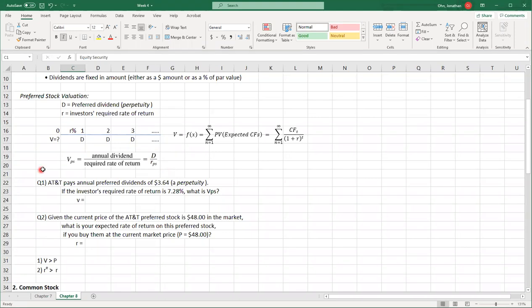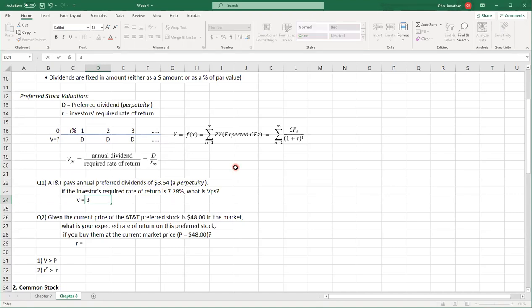For example, suppose AT&T pays an annual preferred dividend of $3.64. If investors' required rate of return on this is 7.28%, what is the intrinsic value of this preferred stock? It's simple. Just use this model, D over r.